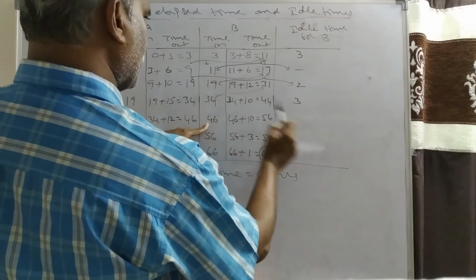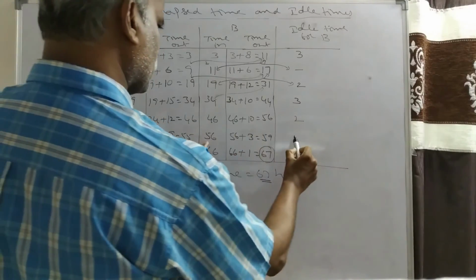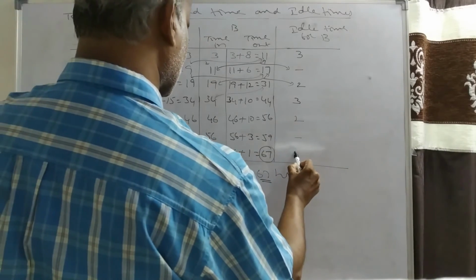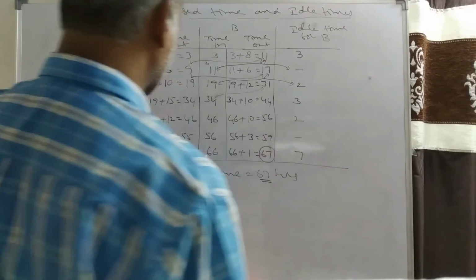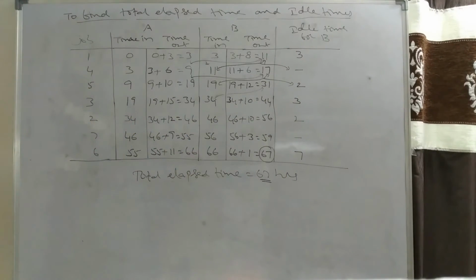Here 46 minus 44, 2. Here 56, no idle time. Here 66, 59, so difference 7. So these are the idle times at each stage.